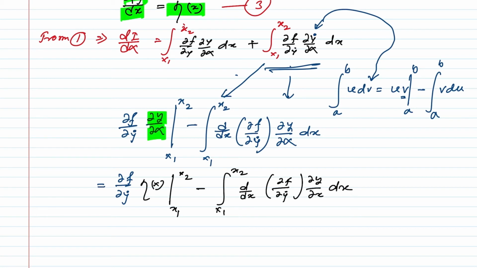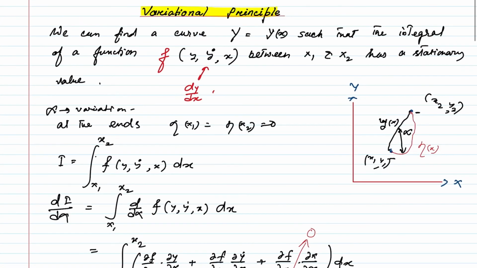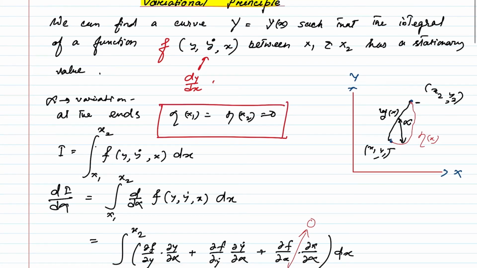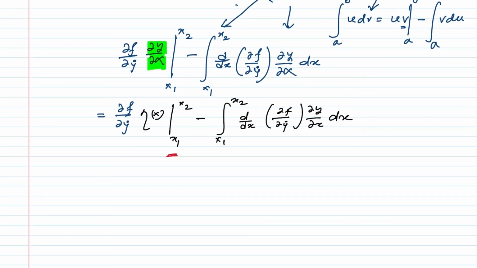Now here you see at the endpoints, this is eta x1 and eta x2, these two are equal to 0.